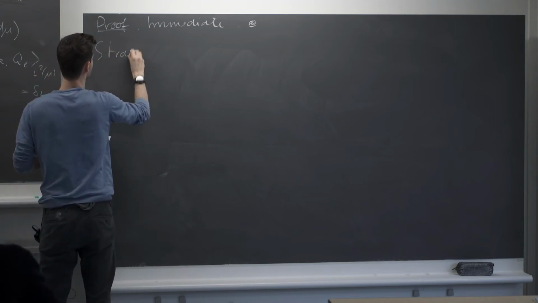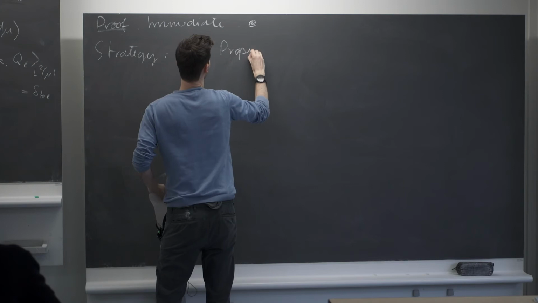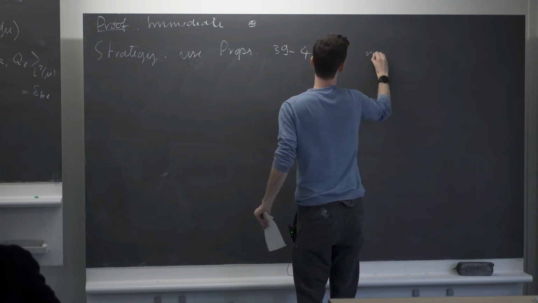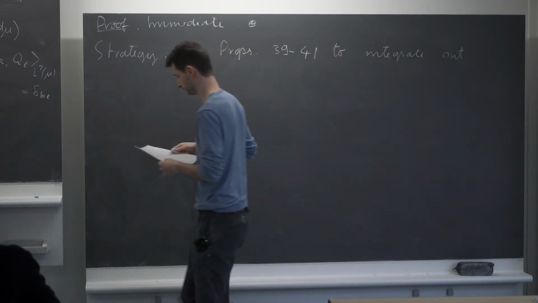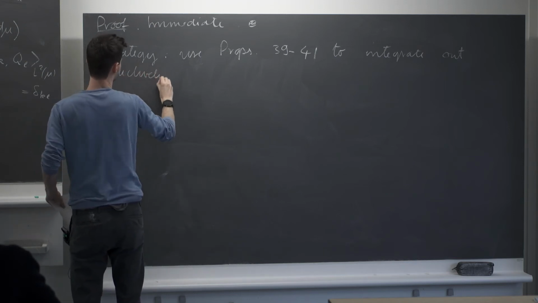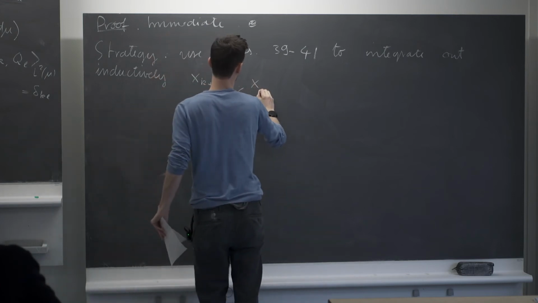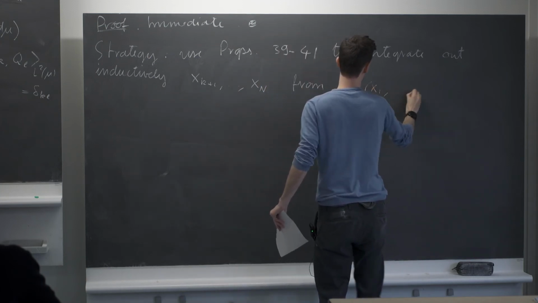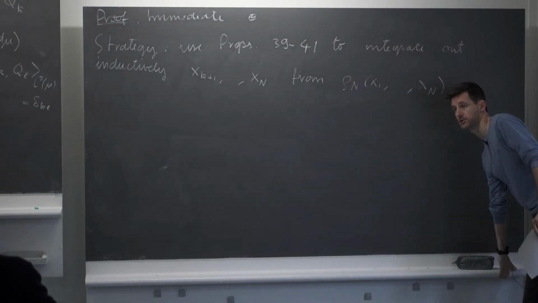So the strategy is to use these propositions 39 up to 41 to integrate out inductively, and of course the integration is always performed with respect to the measure mu.